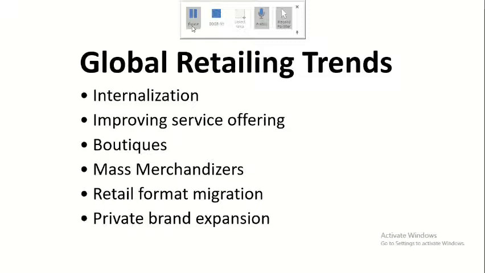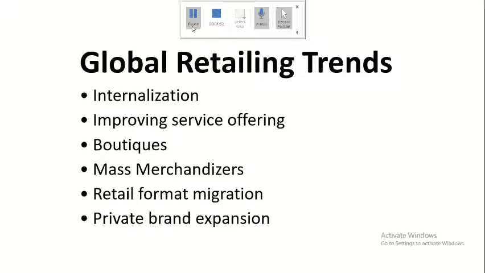And the next is mass merchandising. Some of the large retail organizations are expanding globally by selling a variety of products or services and having a diversified product line to target a high volume of sales and minimum margin of profit.